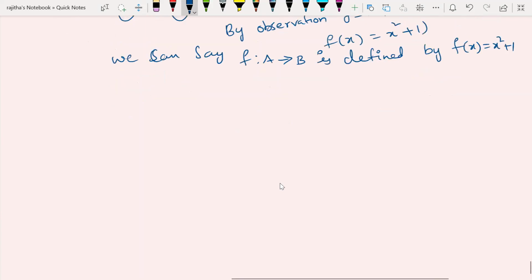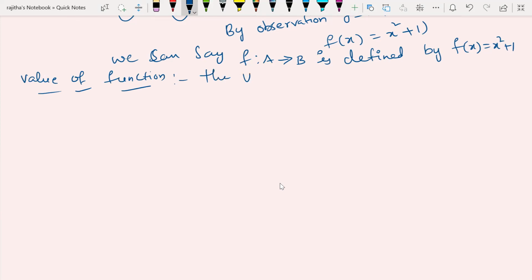Next, one more definition: the value of the function. What is the value of the function?